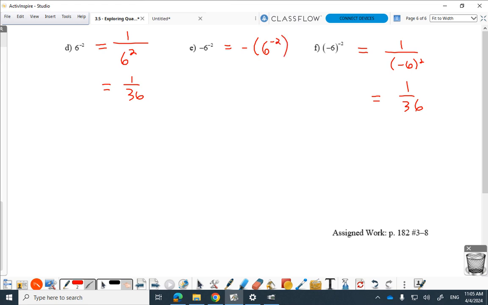So this is negative 1 over 6 squared. So this is negative 1 over 36. Mr. Todd, I thought you said negative exponents don't mean negative numbers. I say they don't. This is only negative because it had a negative out front. The negative exponent didn't make a negative. The negative out front made it negative.